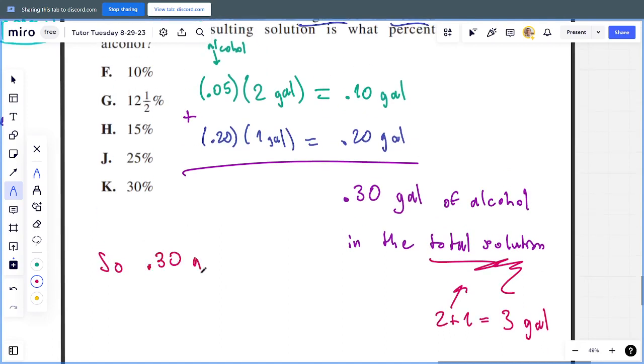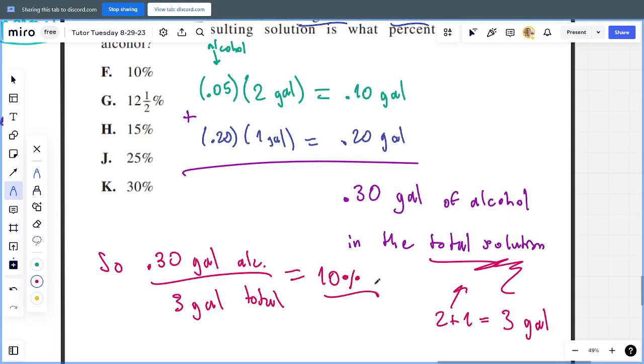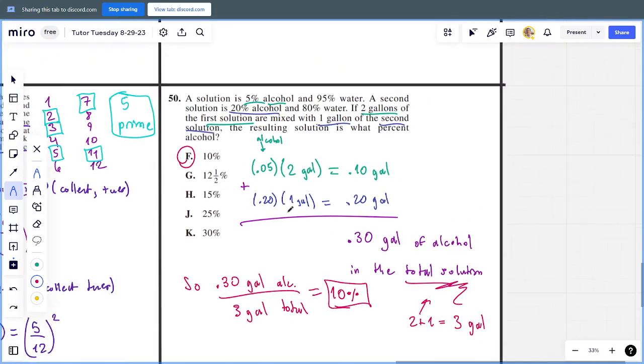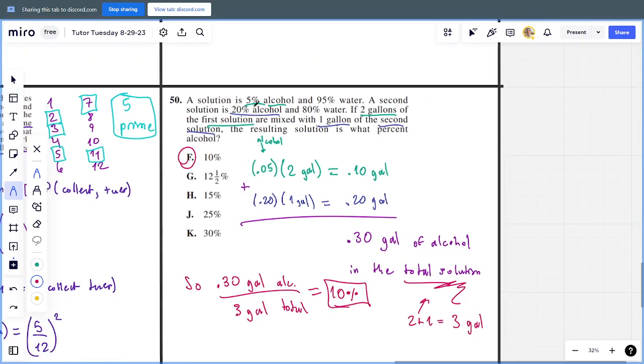So 0.30 gallons of alcohol over 3 gallons total, that's where we get that ratio of 10%. That's going to be F. Yeah, we don't even need to look at the water. We just need to look at the alcohol portion of it.